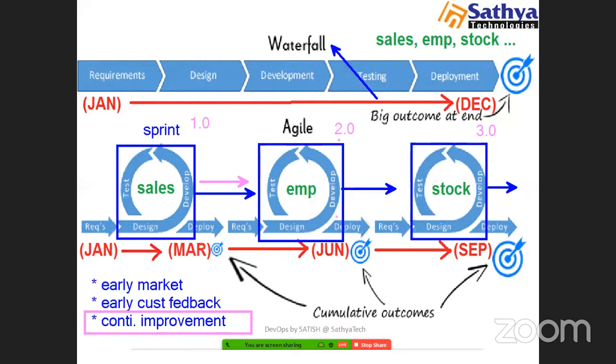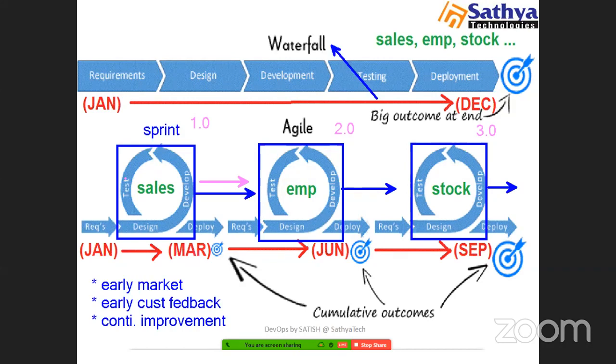Now compare these two things, the waterfall model and the agile model. In the waterfall model you focus on the entire project, but in agile you deliver one module at a time. So we can say agile is preferable.